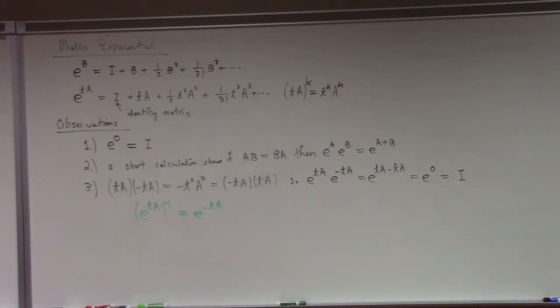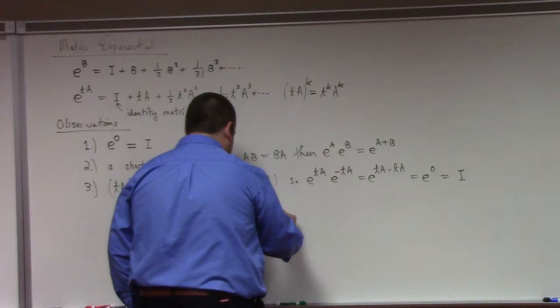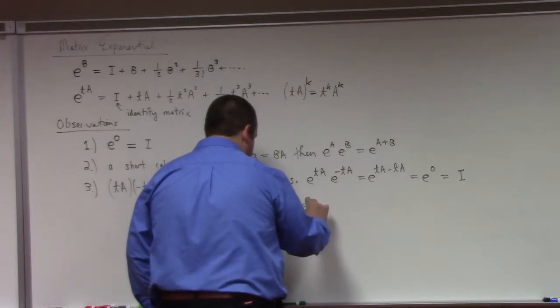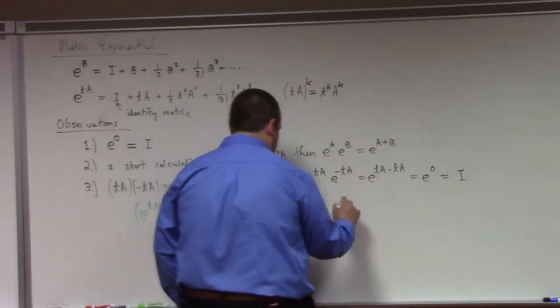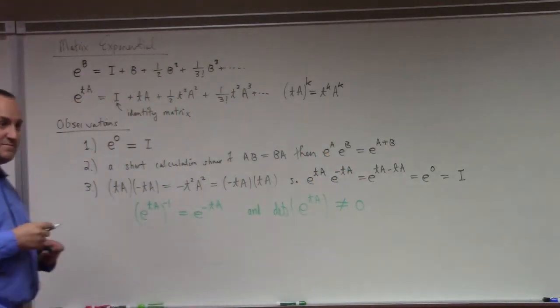So for any matrix, no matter how big, this series will converge, in fact absolutely. So the matrix exponential is an invertible matrix, and its inverse is this. More to the point, the determinant of e to the tA is not equal to 0, because its inverse exists.